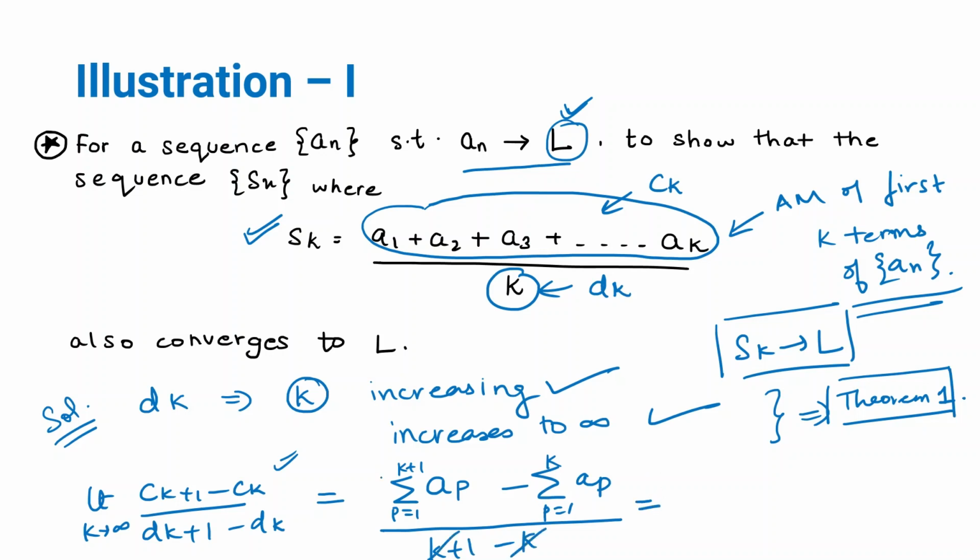So this is going to become the limit as k tends to infinity of a k plus 1, which is simply the limit of ak, since adding 1 to infinity doesn't make a difference. So these limits are equal, and this limit is equal to L, as we know.